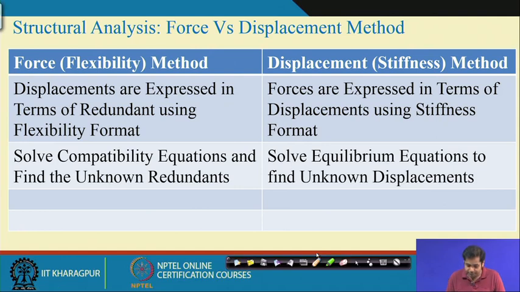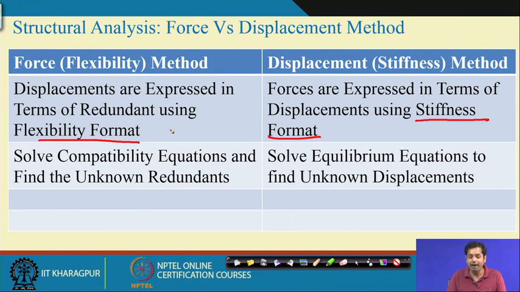Once we have divided the entire problem into basic determinate structures and calculated the internal forces and displacements, in the force-based method displacements are expressed in terms of redundants using the flexibility format that we just discussed, and in the displacement method forces are related to displacements using the stiffness format.